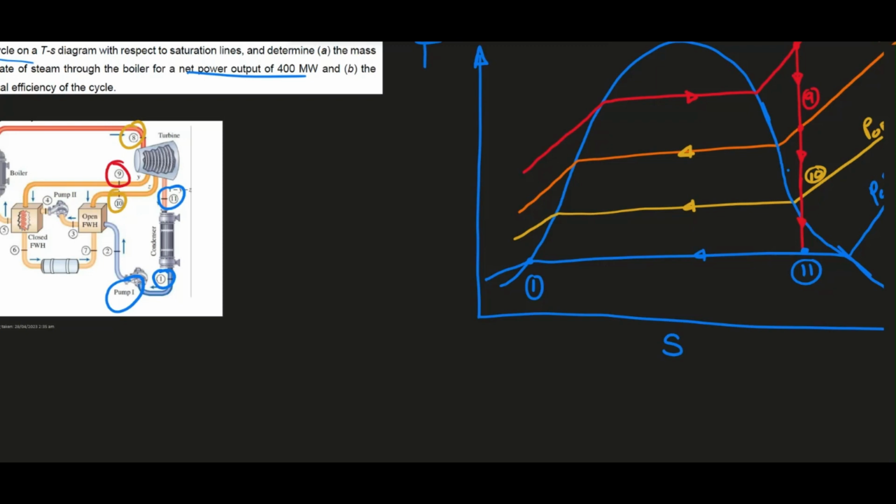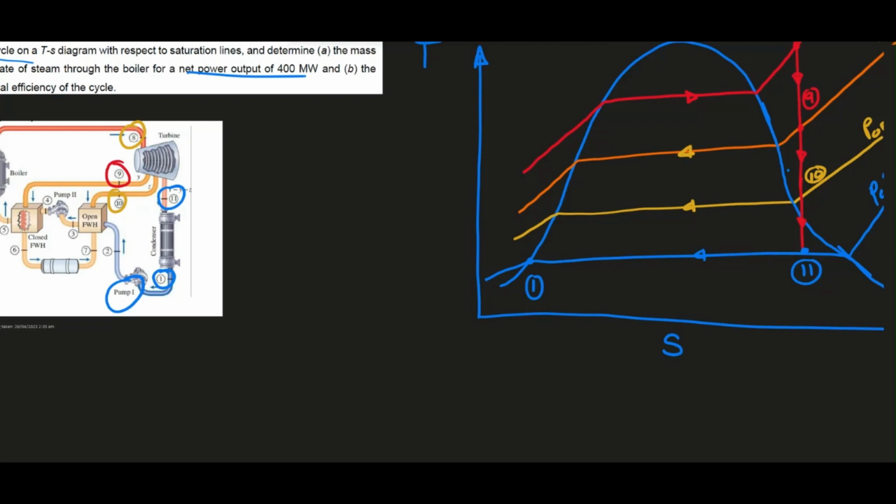it goes through pump 1, and a pump is designed to pump a fluid in a single state. In this case, it will be saturated liquid. So it goes through an isentropic process in the pump, and a pump can only pump saturated liquid.